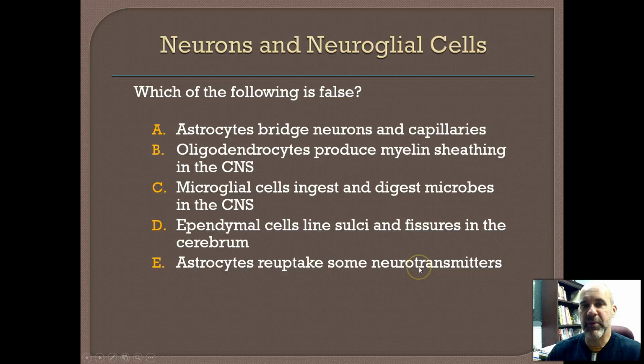Astrocytes reuptake some neurotransmitters. If you go back and look at some of the functions of astrocytes, that's one of the things that they do. They reuptake some of the neurotransmitters. Remember, that's important. You have to control your neurotransmitter levels so that you don't overstimulate neurons, so reuptake is one of the mechanisms for controlling those levels, and astrocytes can be involved in that.